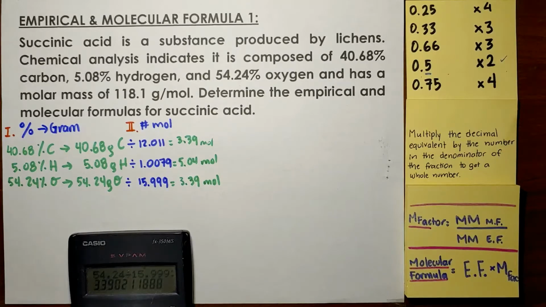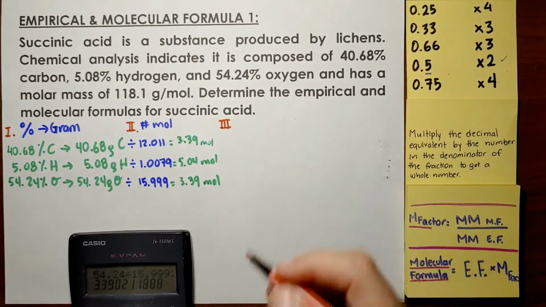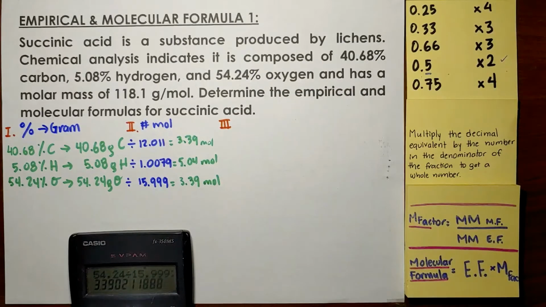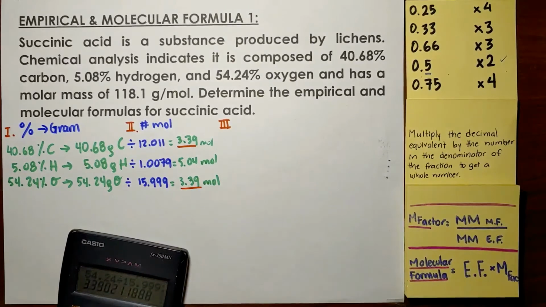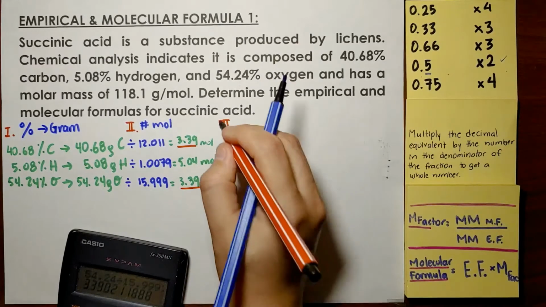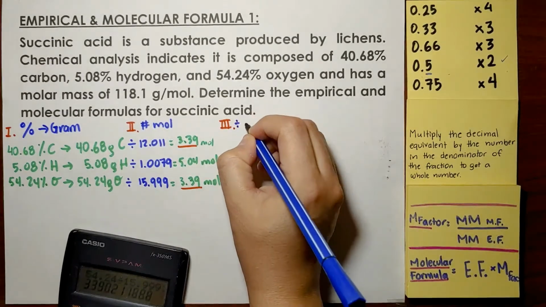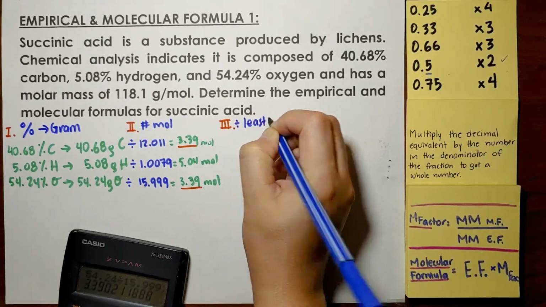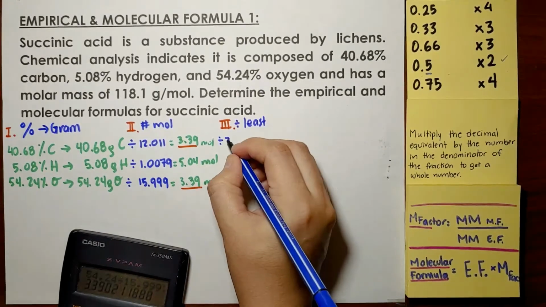In the next step, we need to divide by the smallest ratio. What is the smallest amount of moles that we got? As you can see, we got 3.39 twice. So we're going to divide by 3.39. So this is divided by the least.